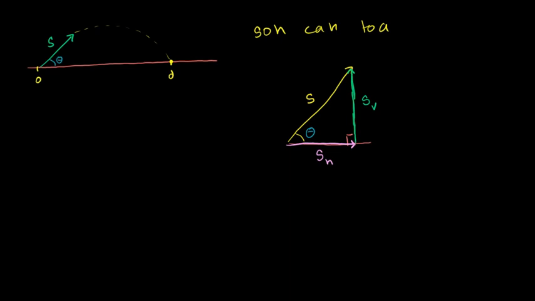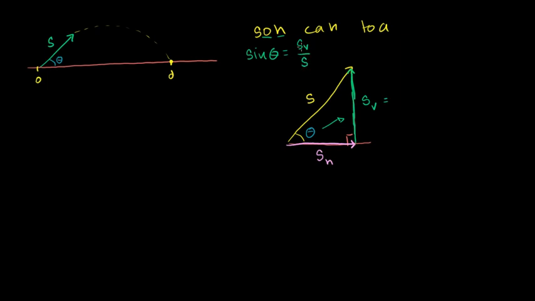So what's the vertical component going to be? Well, the vertical component is opposite this theta, and we know the hypotenuse is s, so we could use sine, because that deals with the opposite and the hypotenuse. And the sine function tells us that sine of theta, actually let me do this in green, since we're doing all the vertical stuff in green, sine of theta is going to be equal to opposite, which is the magnitude of our vertical velocity, this side right here, over our hypotenuse, and our hypotenuse is the speed s.